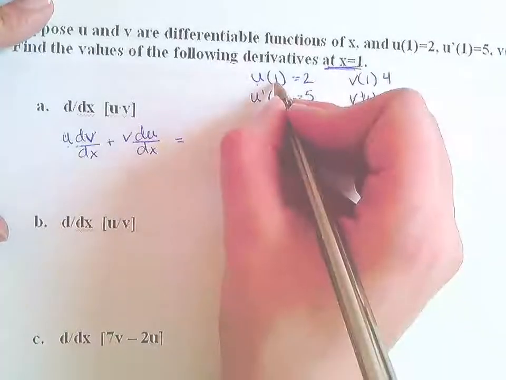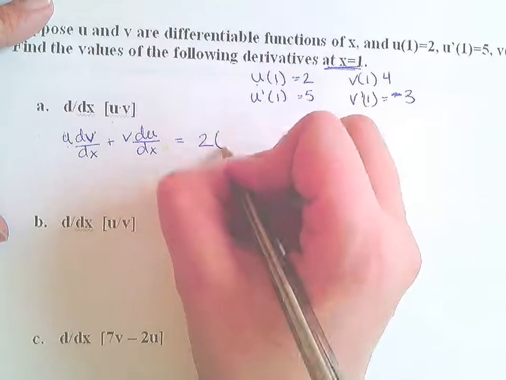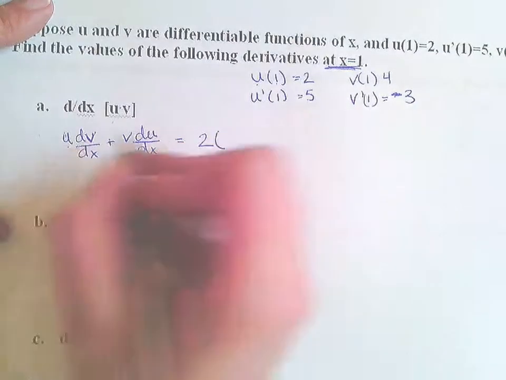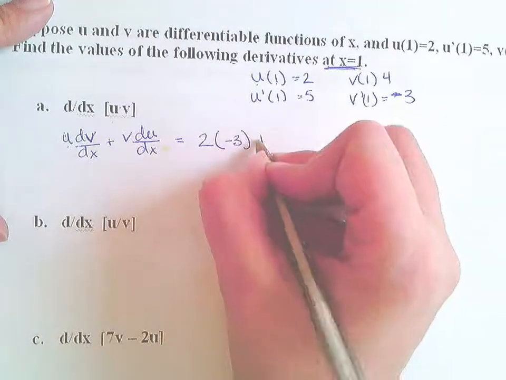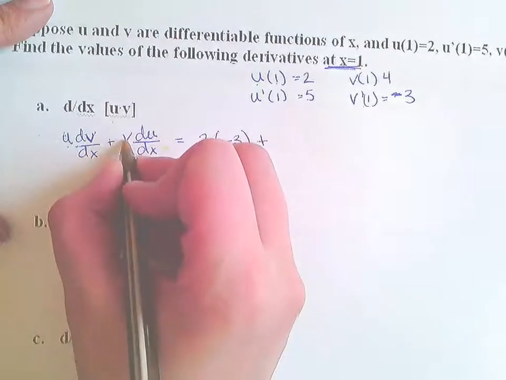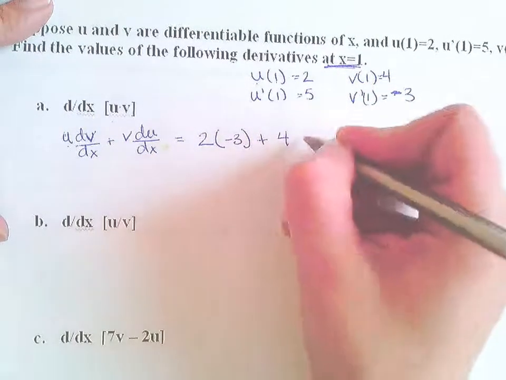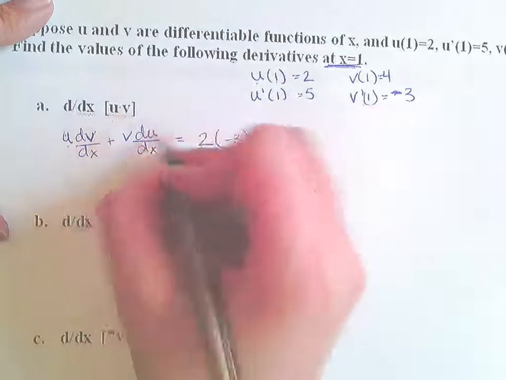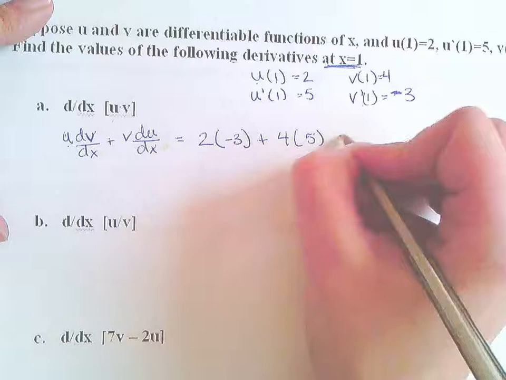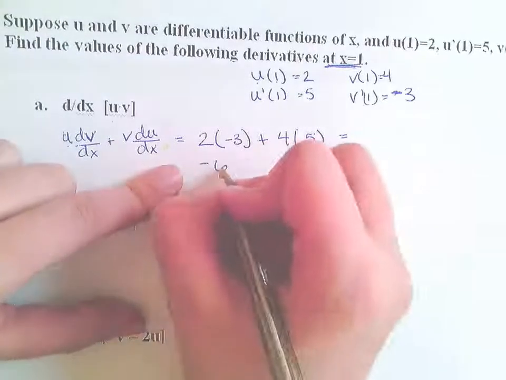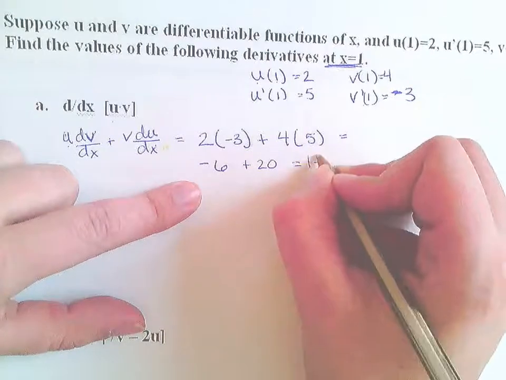So at 1, u is 2, times the derivative of v, which is negative 3, plus v at 1, which is 4, times the derivative of u, which is 5. And then you do the math. So negative 6 plus 20, and that's going to give us positive 14.